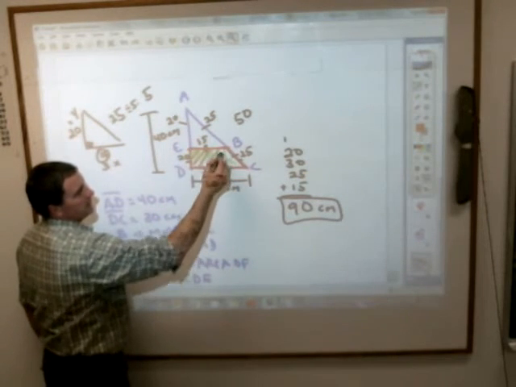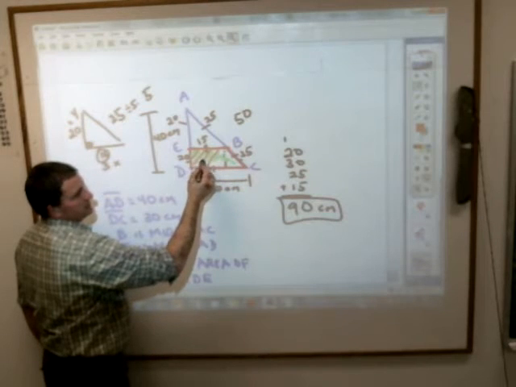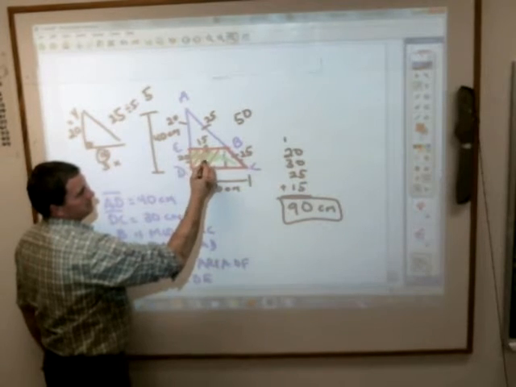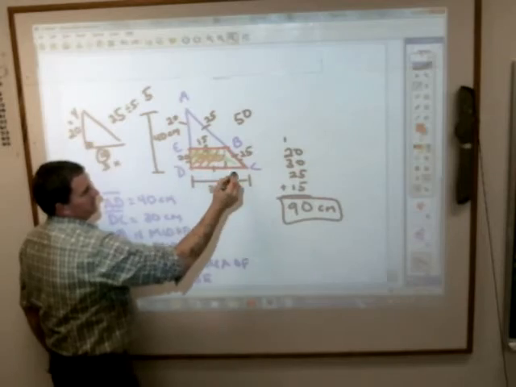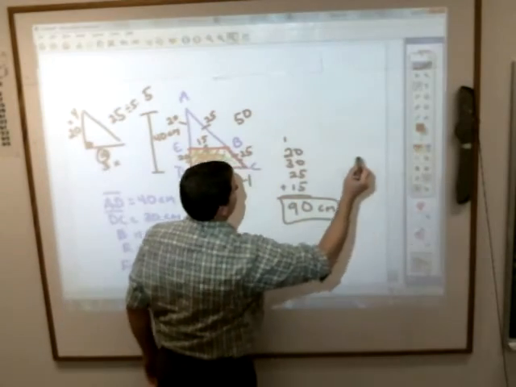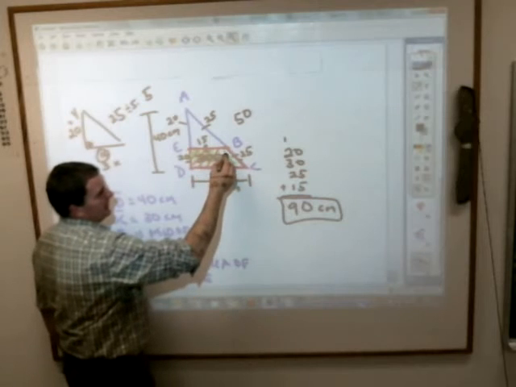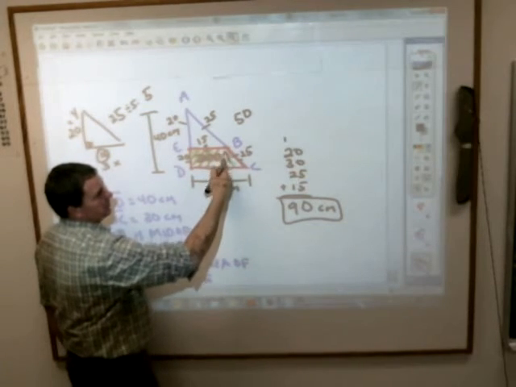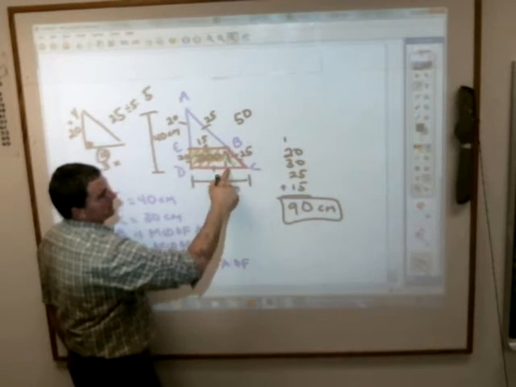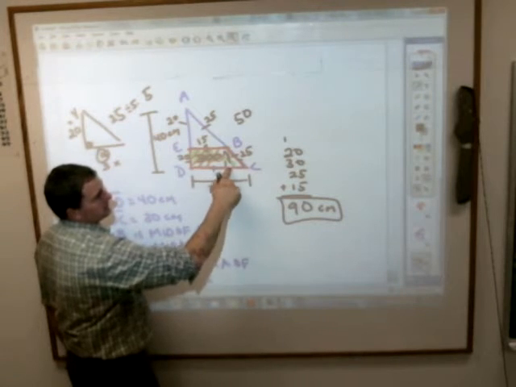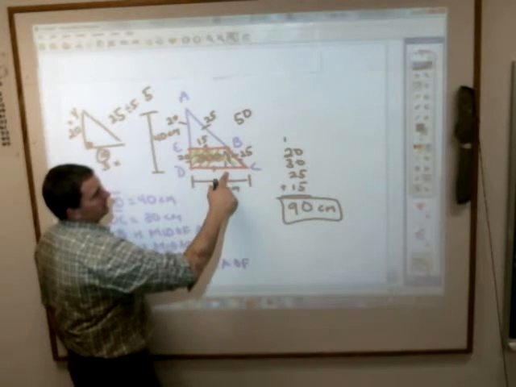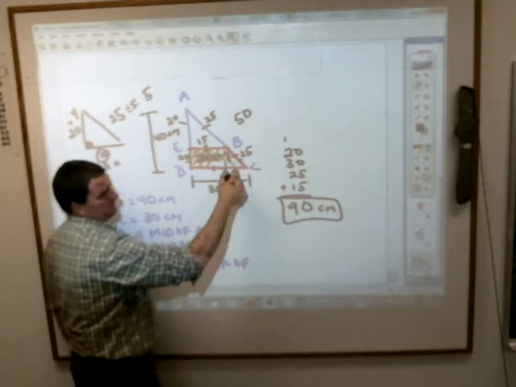20 times 15 is? 300. This is 300, and then I just have to add the area of this triangle, which is 20 by 15 cut in half.